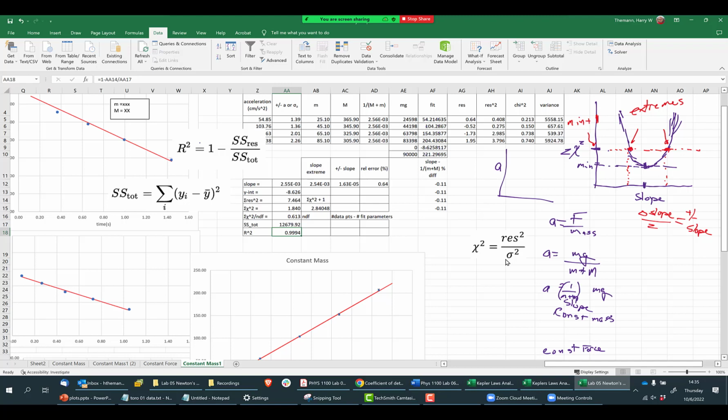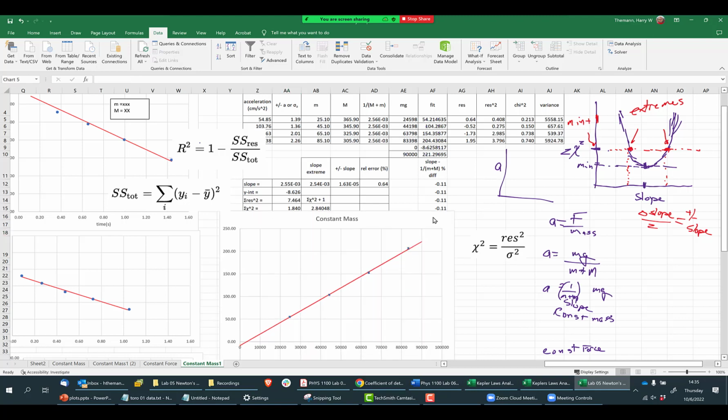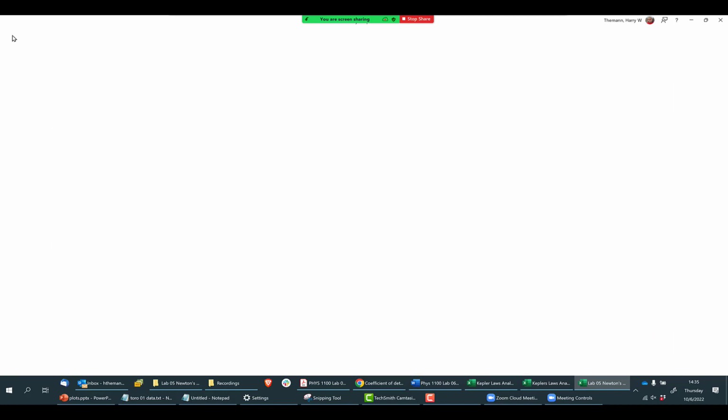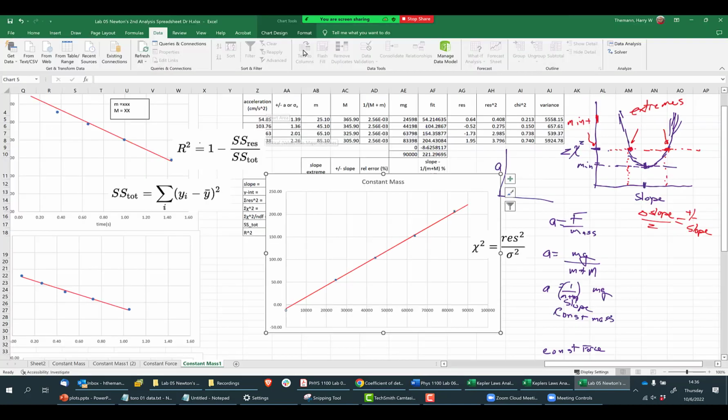If you use a trend line, the trend line will give you the R squared value. In fact, let's give that a try. I don't want you guys to use trend lines, but what I would say is that in your professional lives, it's a common thing, and it's fine.